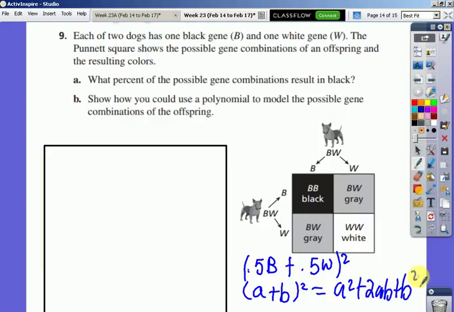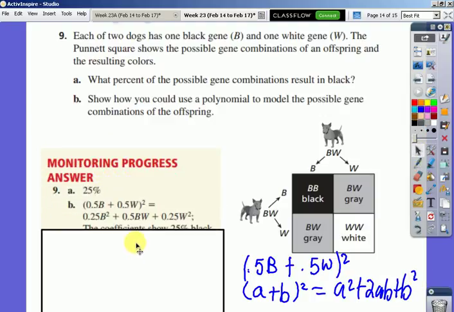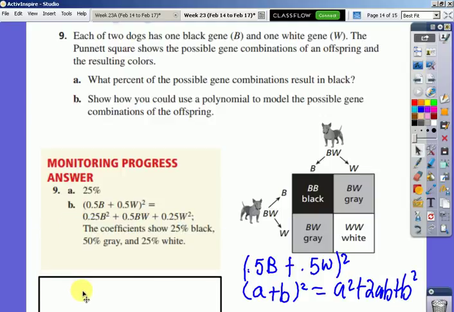that. Yeah? So obviously you can apply the same logic to your Punnett square, and when it's easier in biology class to do these types of problems, you can thank Miss Wynn. 0.25b squared plus 0.5bw. That's what they did. They just took the 2 middle terms, multiplied and doubled it. And then 0.25w squared.